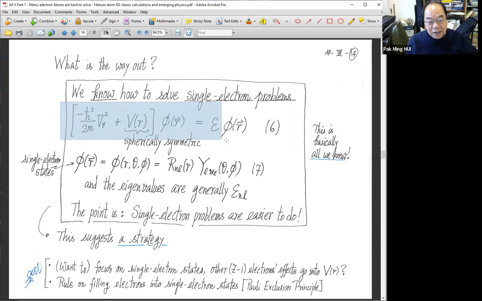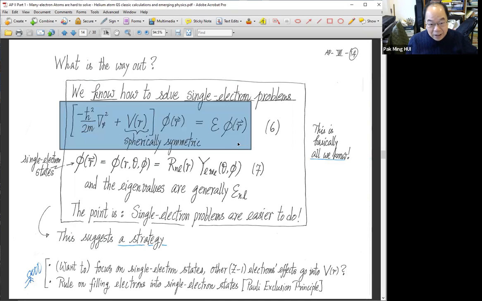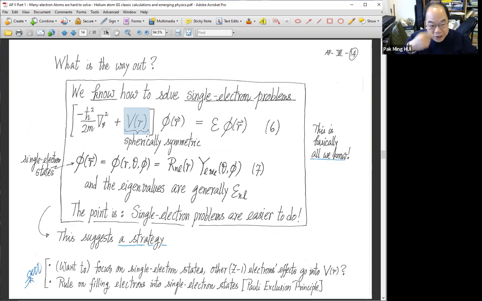If we can invoke some single electron states, in particular make the approximation that an electron is living in some strictly symmetrical potential, then we have all these solutions we can make use of, and then we can fill the electrons into these single electron states. So we have some idea now.